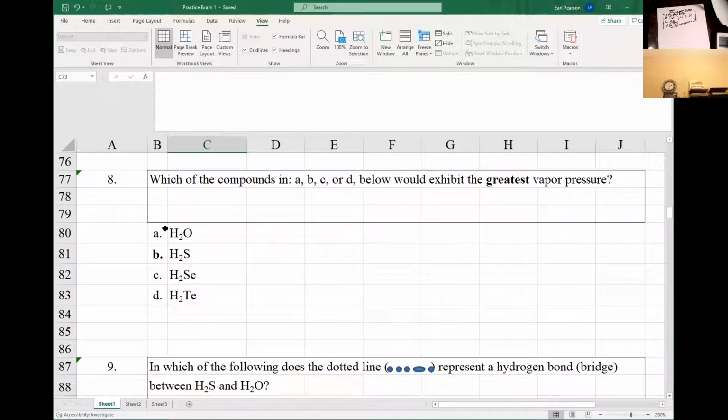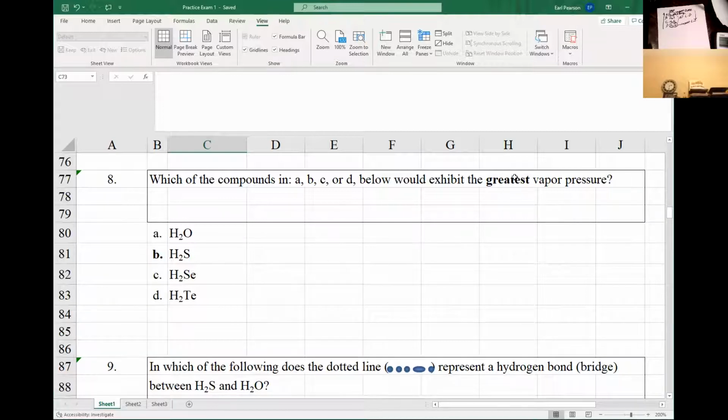That's going to be this one. As you go to the others, their polarity doesn't change all that much, but their London dispersion force goes up significantly. So the vapor pressure of water is going to be the smallest. The vapor pressure of H2S would be next, then H2Se, and H2Te last.